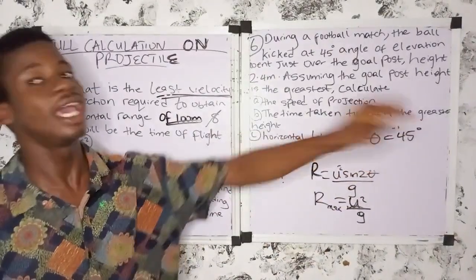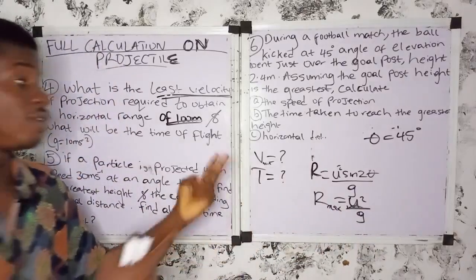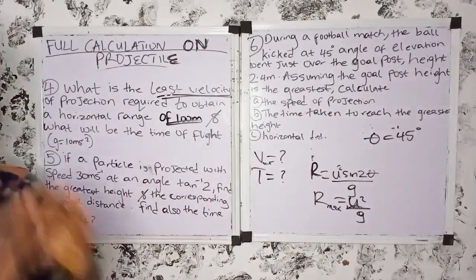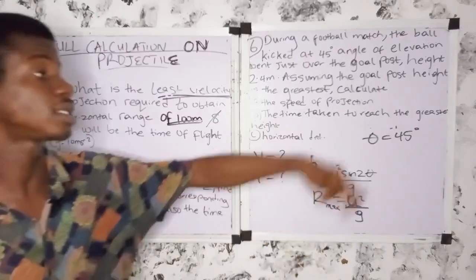Usually 45 degrees. And remember, at 45 degrees, range is maximum, while the velocity is minimum. Okay, take note that the least velocity of projection usually occurs at angle 45.